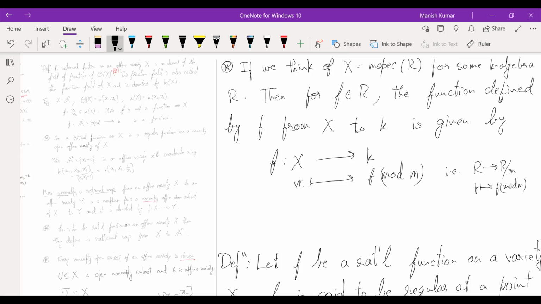And even when you are working over an algebraically closed field, this gives you some added advantage. And of course, if you're not working over an algebraically closed field, there is no other way to think about it. But the pictures always come from an algebraically closed field in some sense.